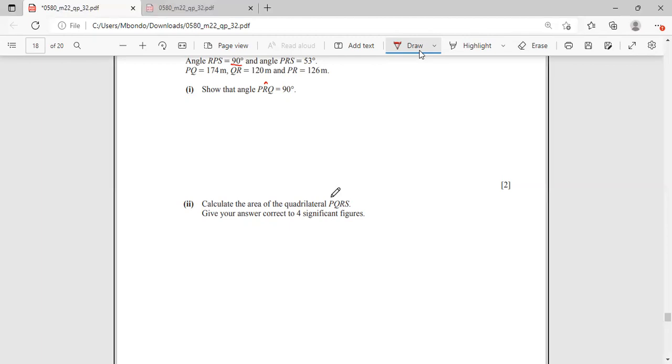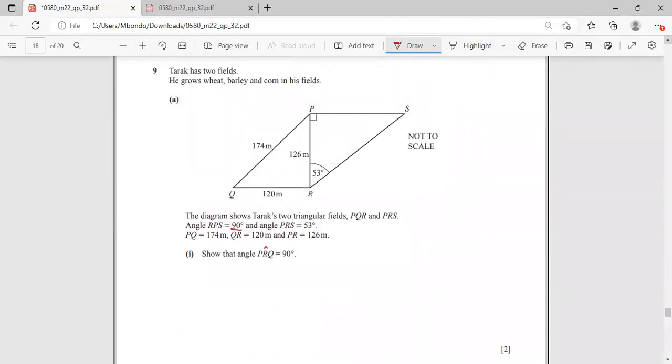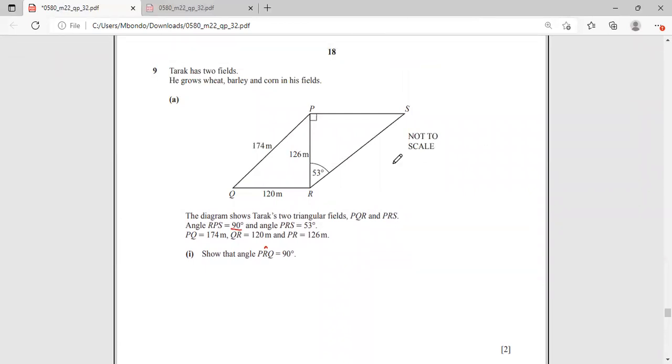Okay, so we need to find the area of this whole quadrilateral here. So how do we do it? Okay, how do we do it? So we can say we've got 2 triangles here. Okay, we've got 2 triangles. Now, how do we calculate the area of this?